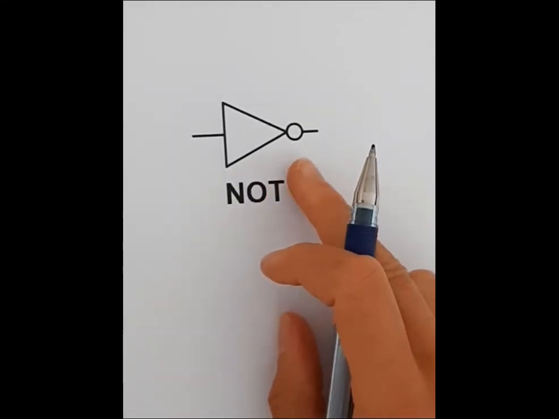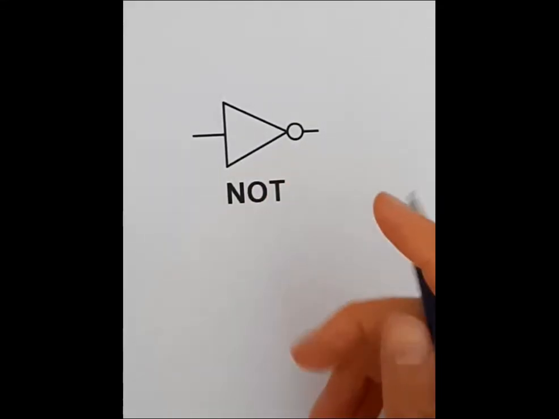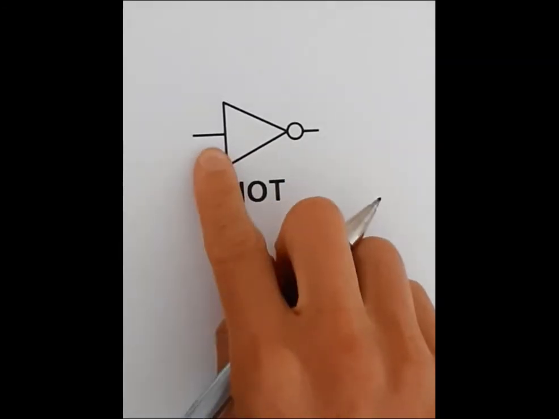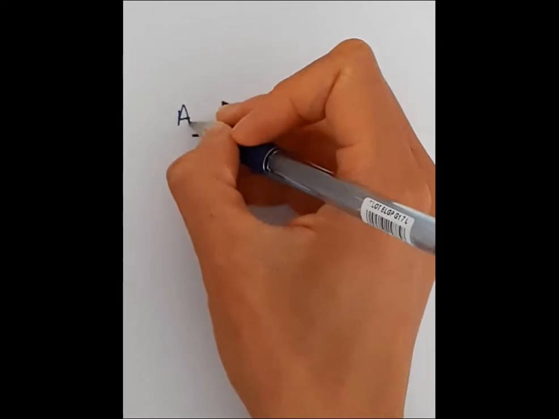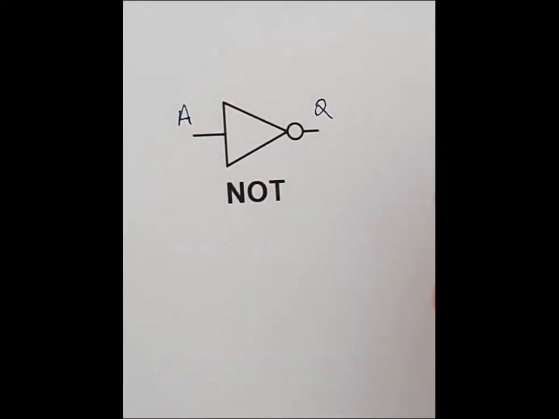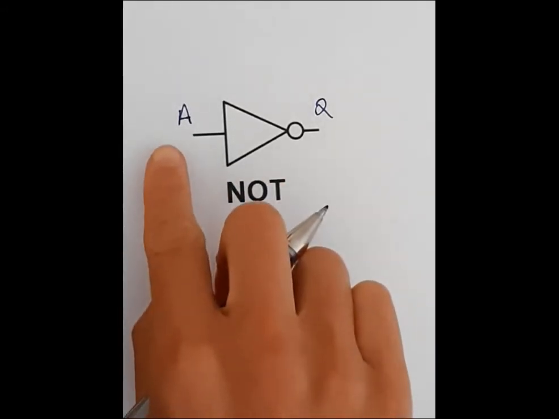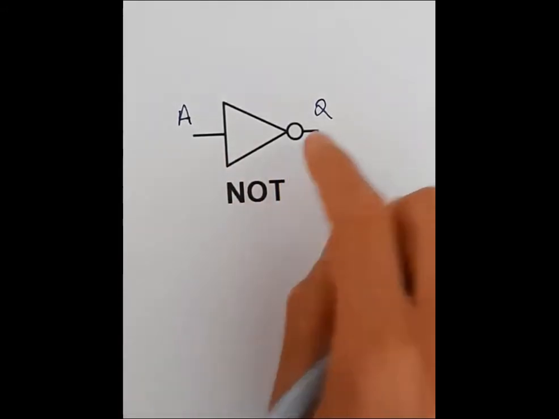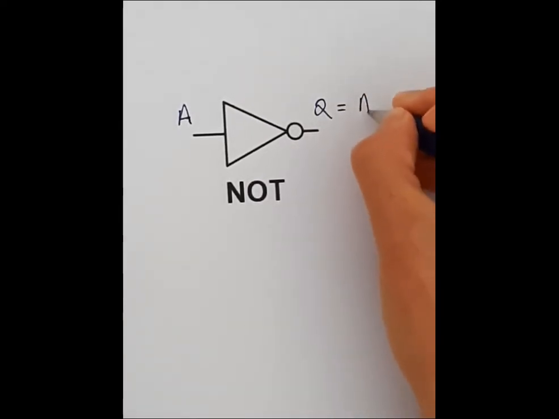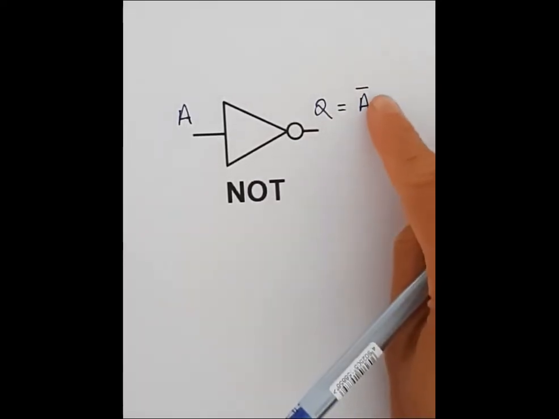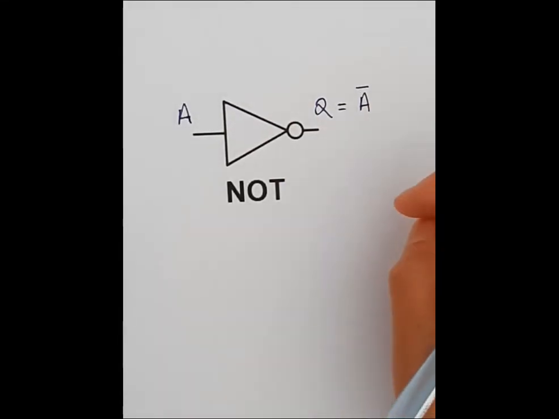So I'm going to go through these gates now. Okay, so this is the symbol for a NOT gate, so you need to be able to draw that. It has one input and one output. We label the input A, and the output I'm going to label as Q. Now, when A comes in, what you have coming out of a NOT gate, the notation is A with a hat on, or like a line over the top.